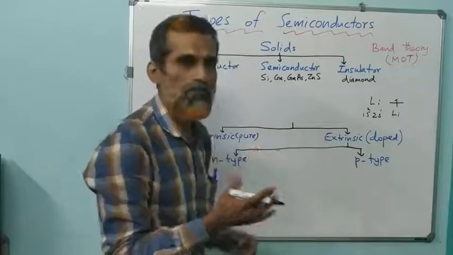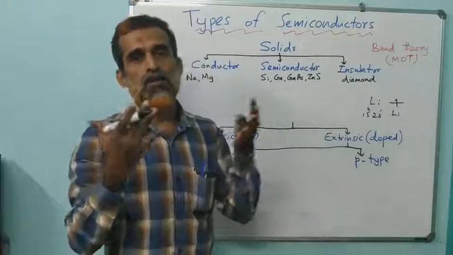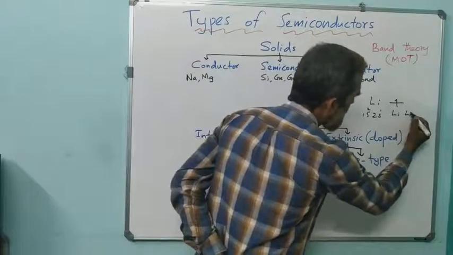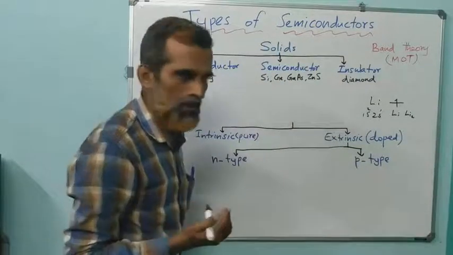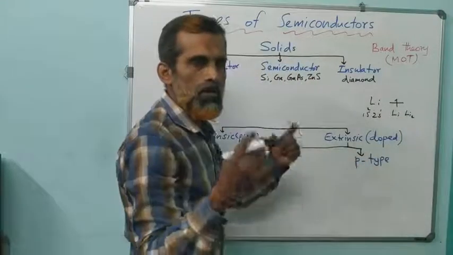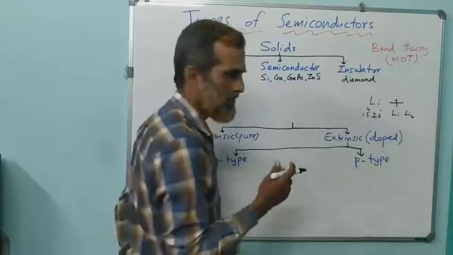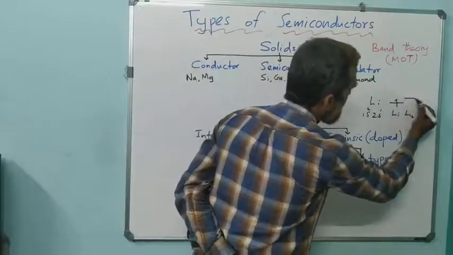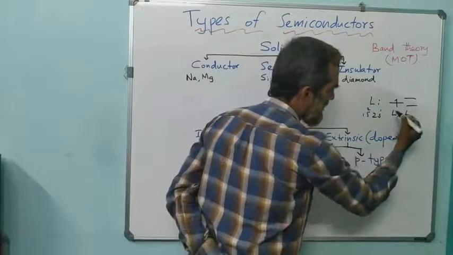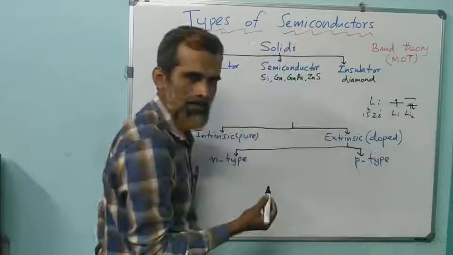In the case of a lithium molecule, when two atoms join, according to molecular orbital theory, AOs, atomic orbitals, combine to form molecular orbitals. So in the case of Li2, a diatomic molecule of lithium, there will be combination of 2s orbitals forming two molecular orbitals, sigma 2s and sigma star 2s, and there will be two electrons filled in sigma 2s, right?